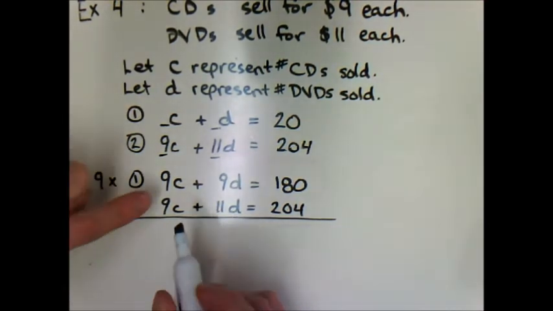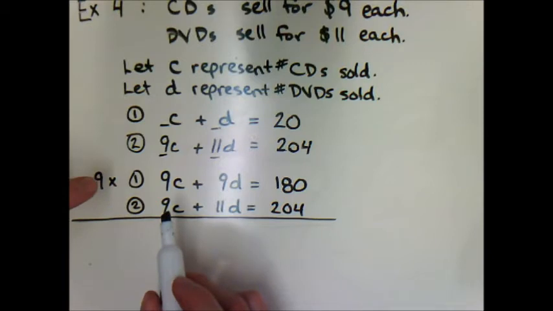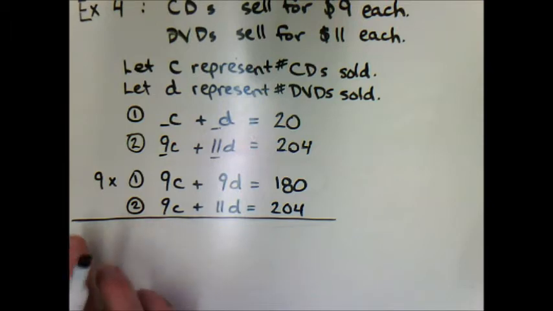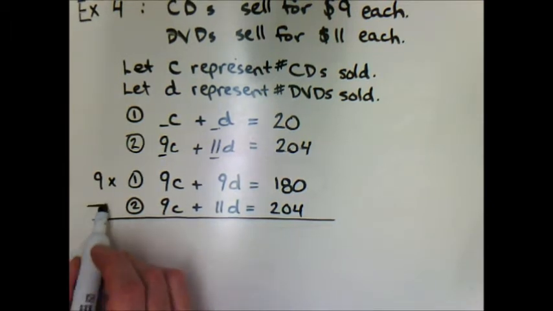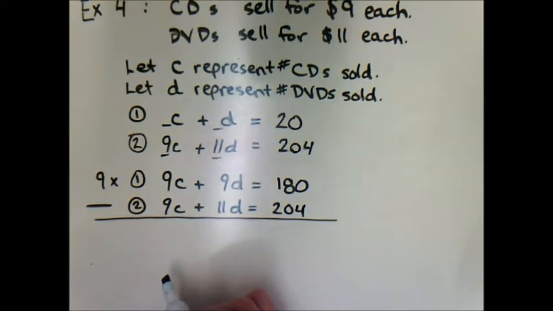Okay, so now I have 9c and 9c. Vanessa, what should I do to these equations? Think about it before you answer. I have 9c and 9c. I'm going to subtract. Good, and that's going to give me 0 c's. Nothing left over.